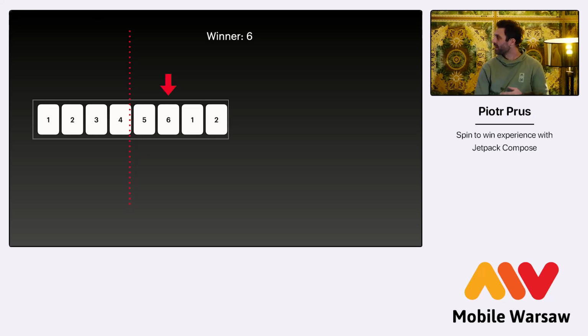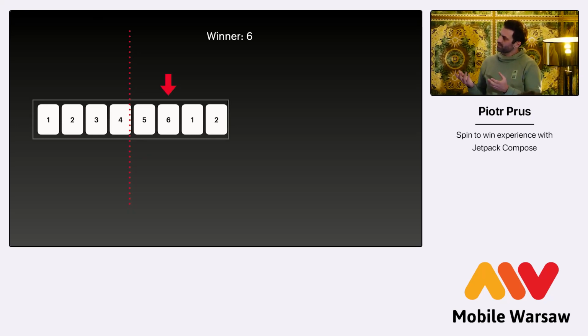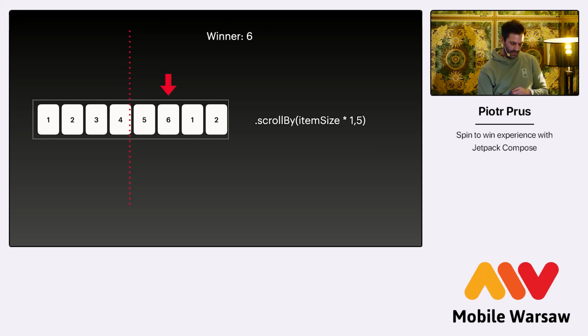So we are scrolling theoretically infinitely the row, and from some point we want to slow down the scroll and stop it exactly in the middle, with the winner in the middle of the viewport. So for winner number 6, that would mean that we need to scroll by 1.5 items.